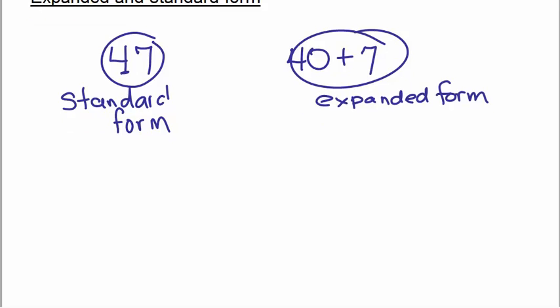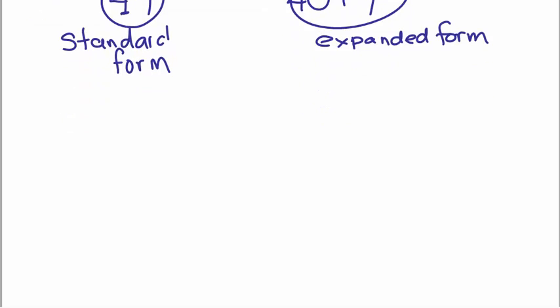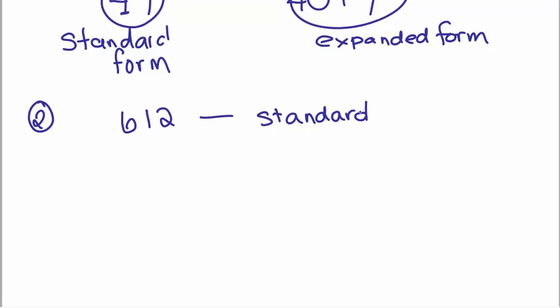The next question is going to be a little bit larger number. We'll start with 612. And again, that of course is written in standard form. And we're going to write 612 in expanded form by writing the value of each of the digits.